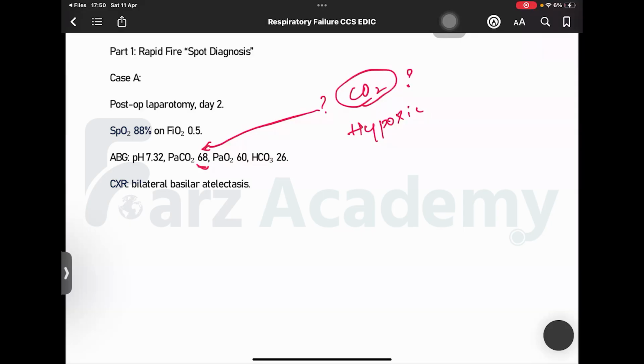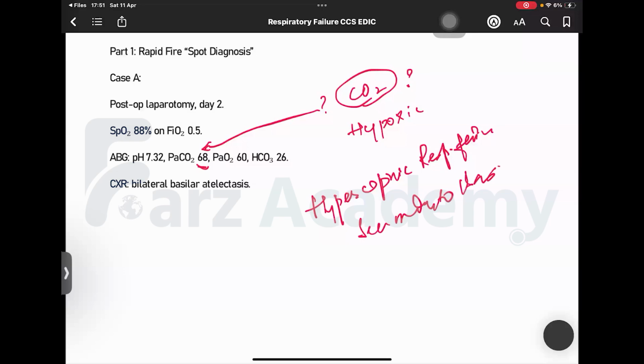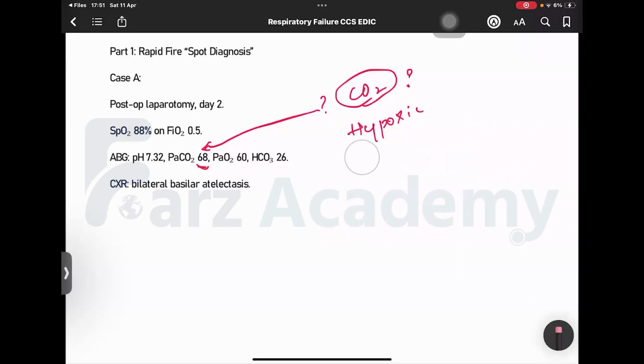So this is hypercapnic respiratory failure, definitely secondary to basilar atelectasis. Okay. So what would you want to do in such a case? What would you use as a remedy? What would be your action?